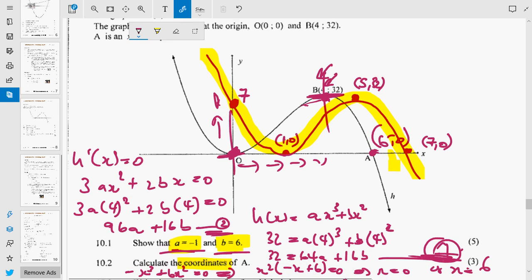So you can see if you move this graph up, you'll never achieve the criteria they are looking for. But if you move it 7 units down, it's going to land up here in the origin.